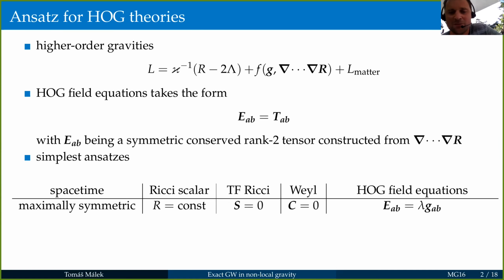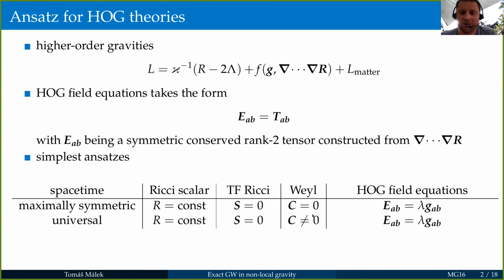We can generalize this very simple ansatz a little bit if we relax the condition on the Weyl tensor, and in this way we obtain so-called universal metrics, for which the field equations of any higher order gravity theory reduce again to just one algebraic equation.